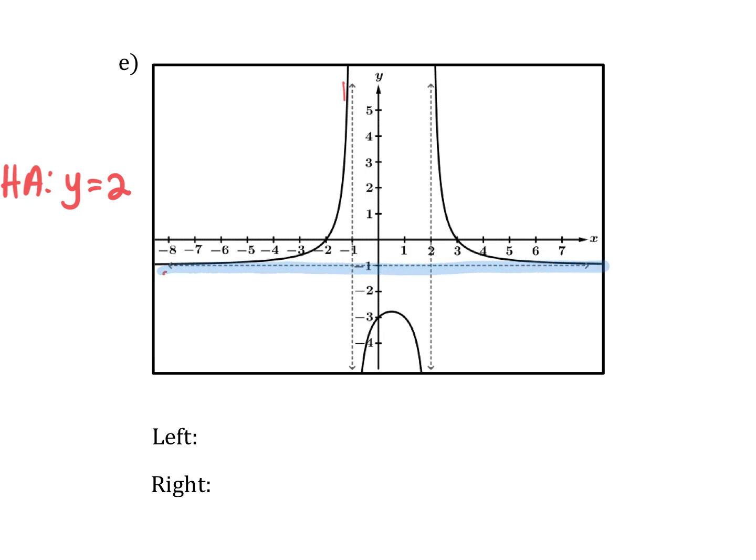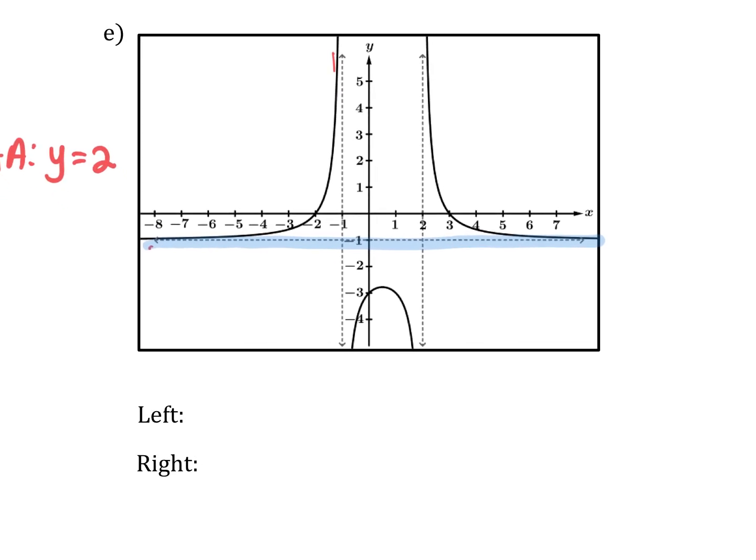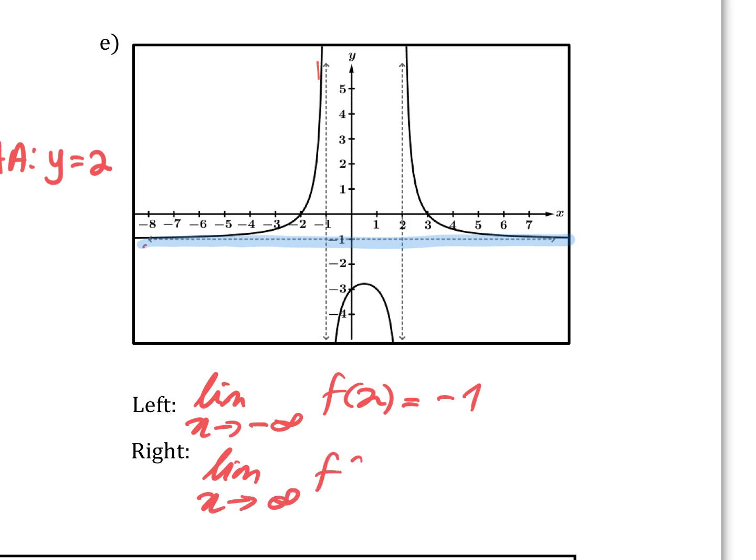So if we're going to speak of its limit statement, we can say on the left side that the limit as x approaches negative infinity of this graph, it's not named, is equal to negative 1. On the right side, we can also say that the limit as x approaches positive infinity of f of x is equal to negative 1. Okay, as simple as that.